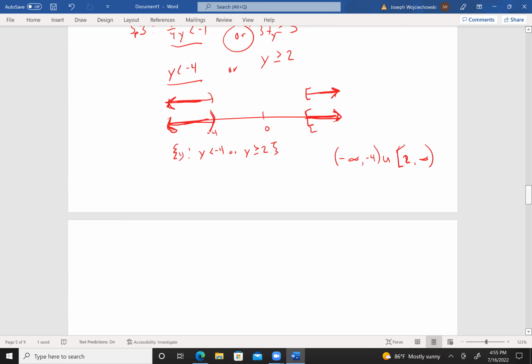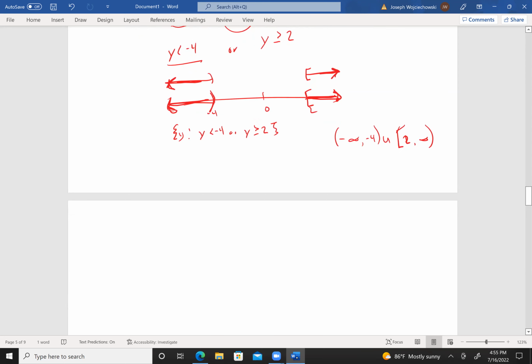So let's do an and. Skill practice 4. We have 0.36W less than or equal to 0.54 and negative 1/2 W is greater than 3.